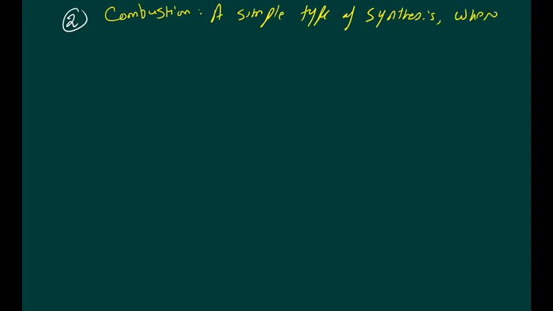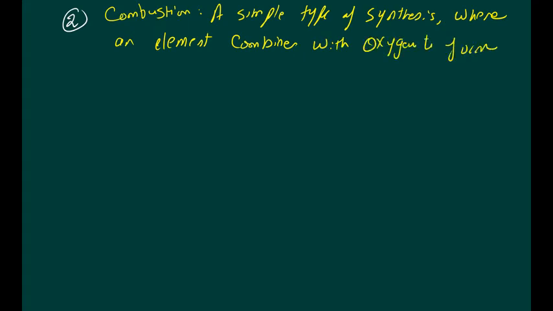The second type of chemical reaction is combustion. Combustion means burning in oxygen. So it's a simple type of synthesis reaction where an element combines with oxygen to form an oxide.